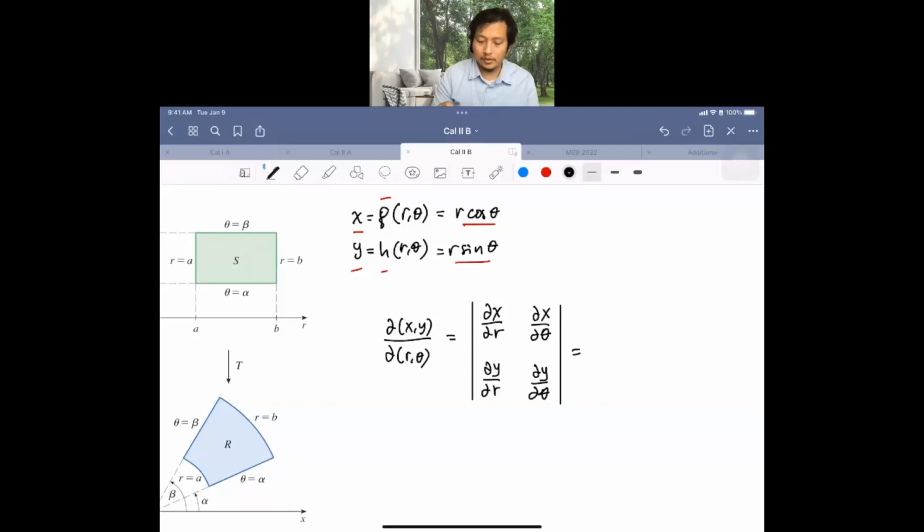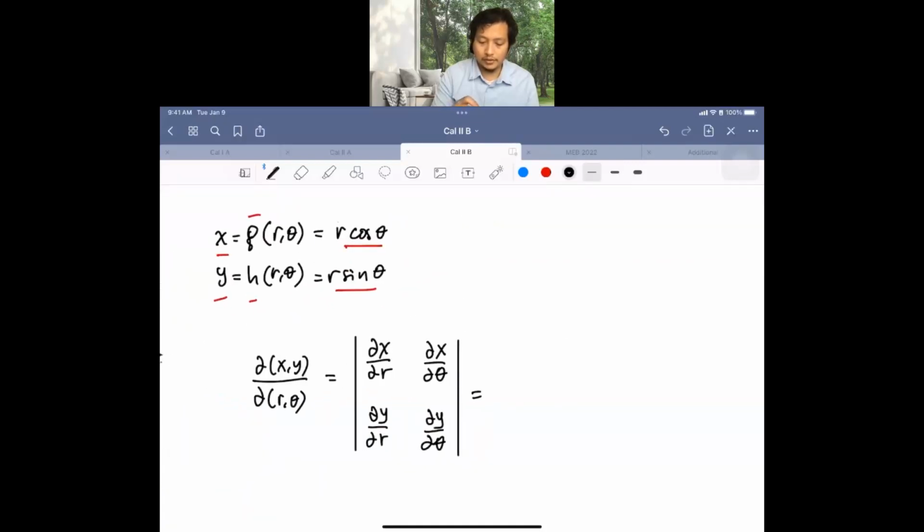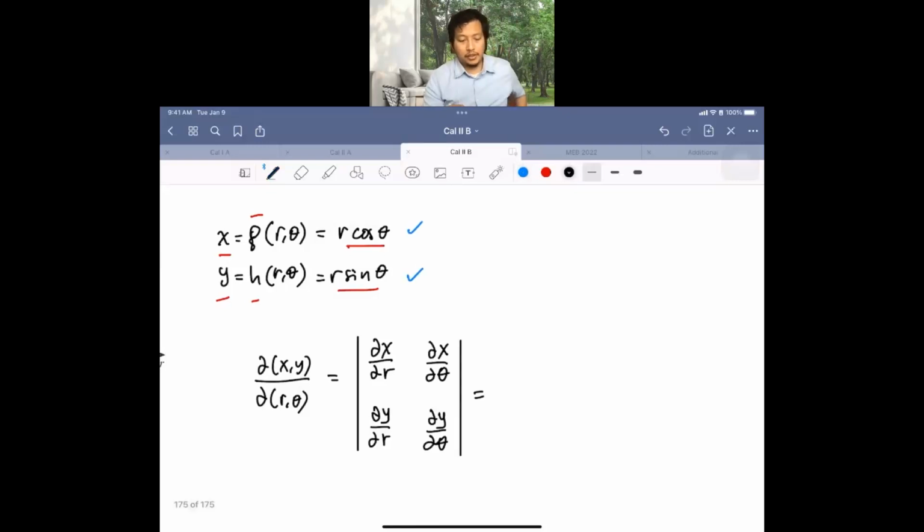Now we can take the partials of x and y. We take the partial of x with respect to r, and we get cosine theta. We take the partial with respect to theta for x, and this is negative r sine theta.